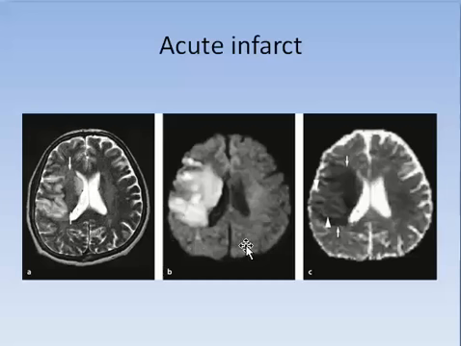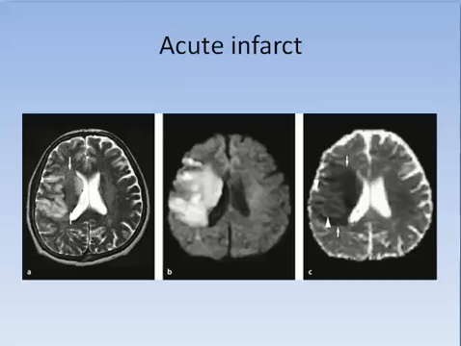Again, the difference between this and that is the difference between the edema here and that part of the ADC. The restriction is seen here as edema, as hyperintensity, while the edema here is not evident. That means that this is penumbra and this is the core.